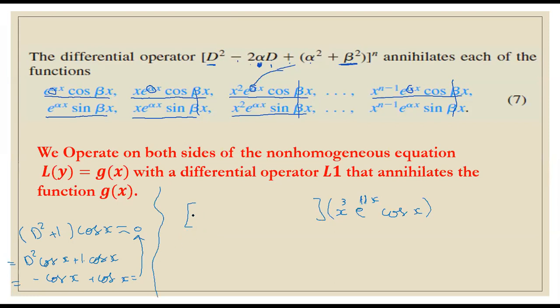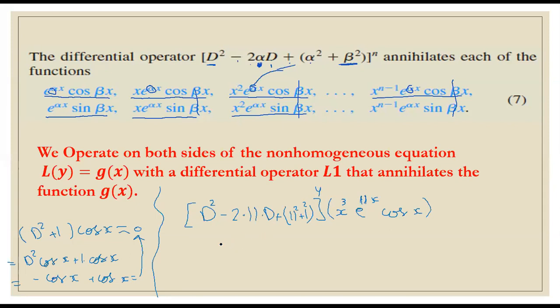D squared minus 22d, because 2 times my alpha, which is 11, great, d plus 11 squared plus 1 squared. Yes, power 4, great. So you need to take the power equal to the power of x plus 1.